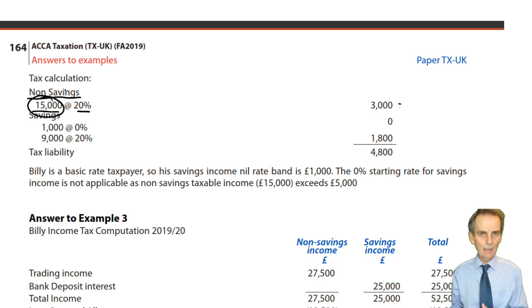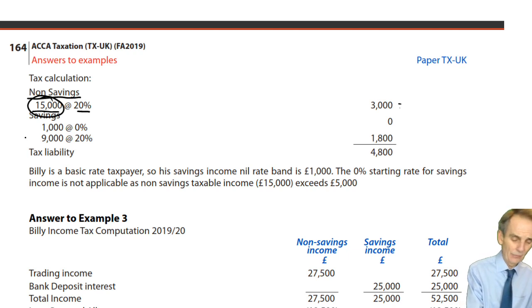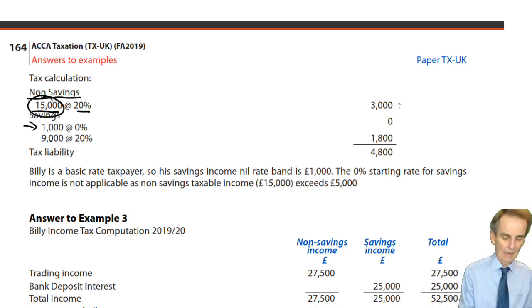Had we been a higher rate taxpayer, based on your taxable income being greater than the basic rate band limit of 37.5, then of course that savings income nil rate band would have dropped down to £500. But here we get the full 1,000, the nil rate band there.